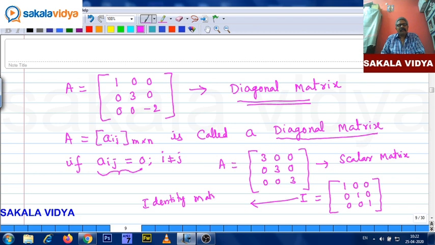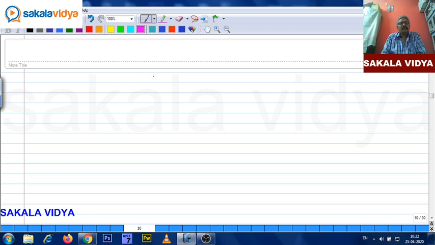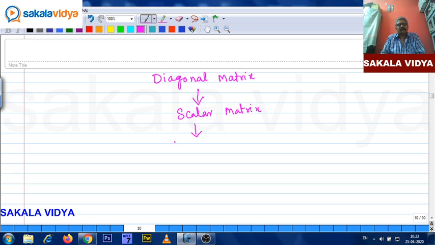Identity matrix. So that means diagonal matrix, followed by the scalar matrix, followed by the identity matrix. These are all from square matrices only.